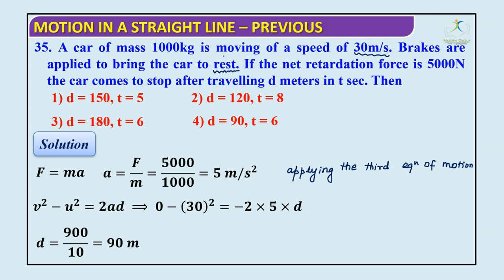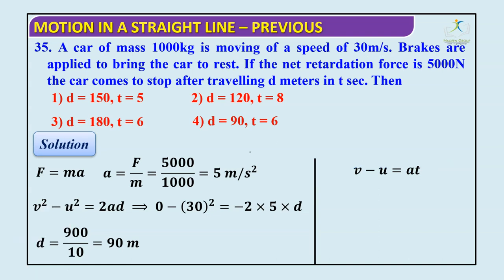But for a more accurate solution, we get the value of t also. So v minus u is equal to at. I just applied the formula of the first equation of motion, which we know simply is v minus u is equal to at, or v is equal to u plus at.